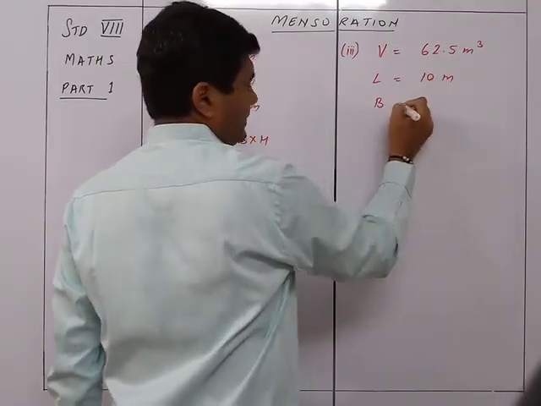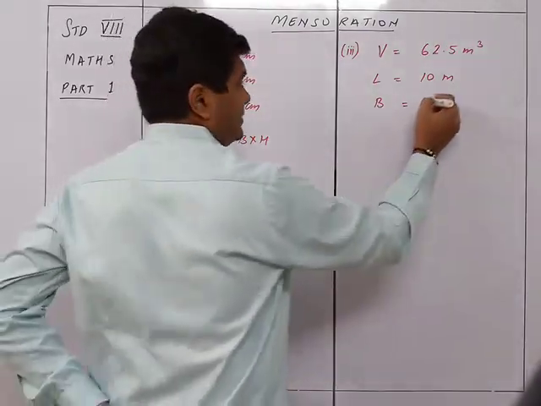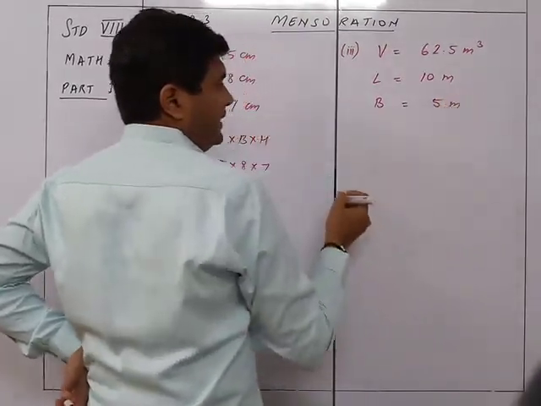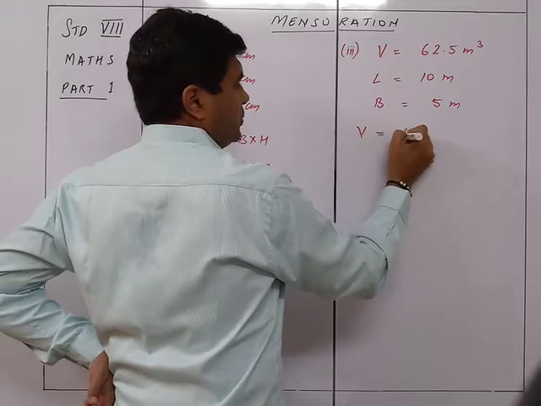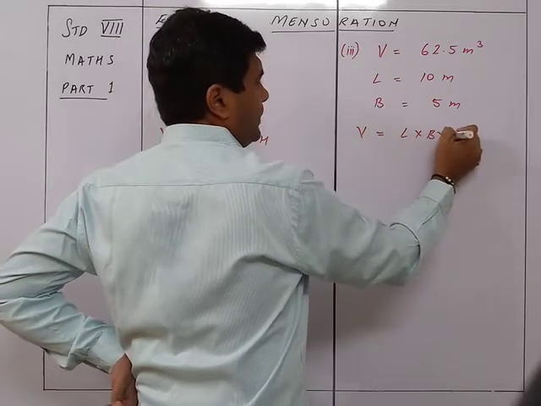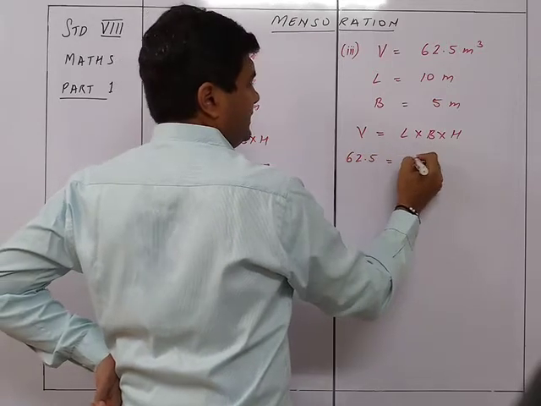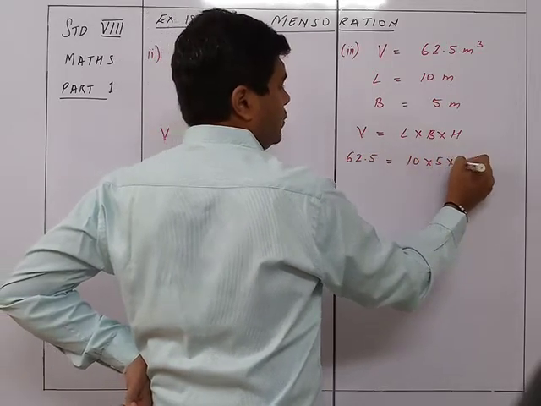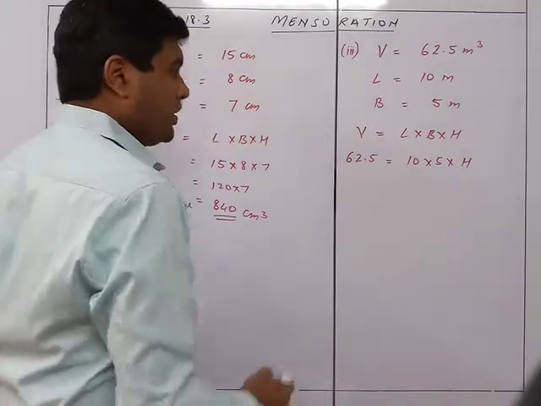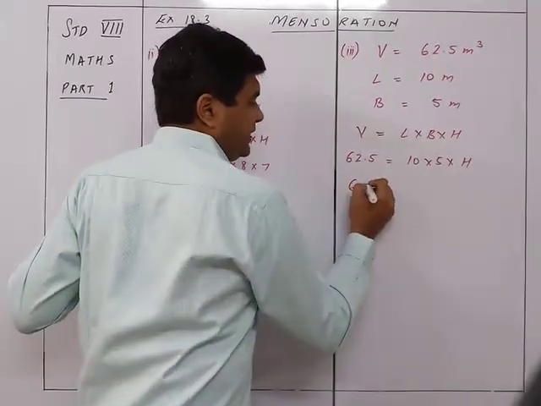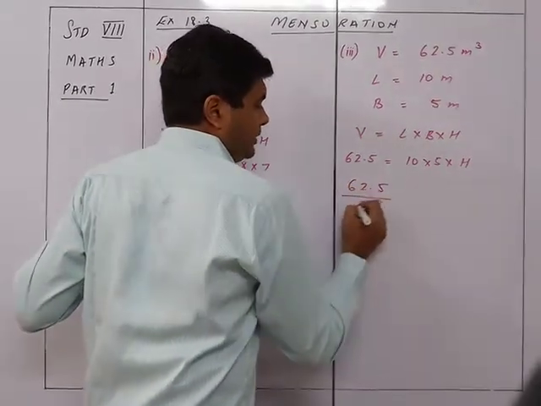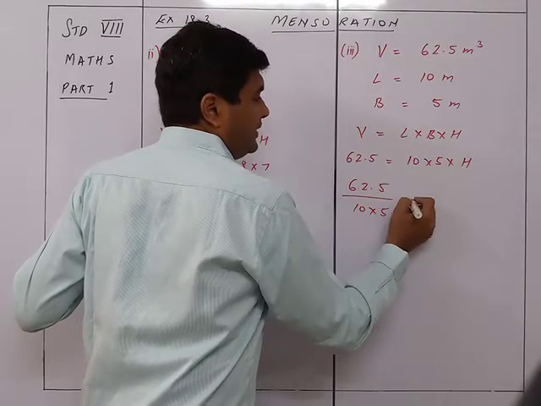The breadth is given as 5 meters. Accordingly, we know that volume is equal to L into B into H. So 62.5 is equal to 10 into 5 into H. Accordingly, you get that 62.5 upon 10 into 5 is equal to H.